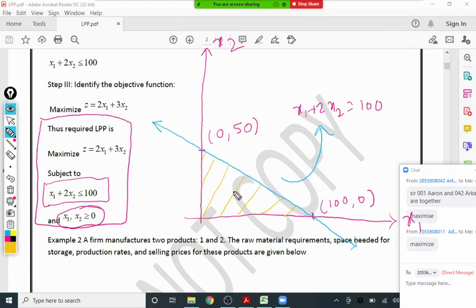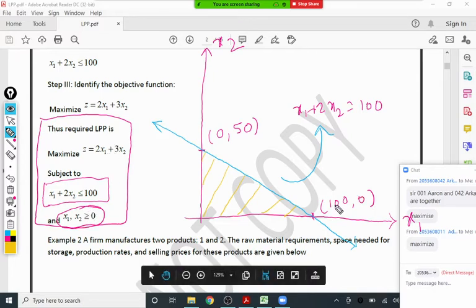What is a feasible region? It is the set of all possible solutions of that LPP. What does a set of all possible solutions mean? For example, 100 comma 0 is also a feasible point. That means if we replace x by 100 and y by 0, we get all conditions satisfied.